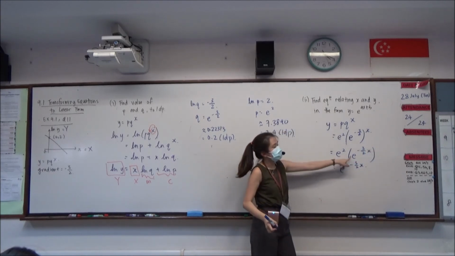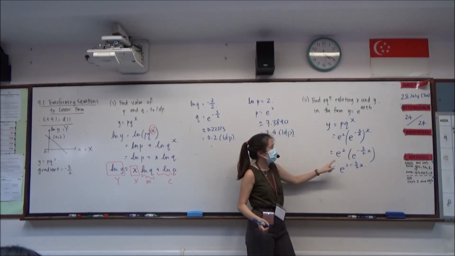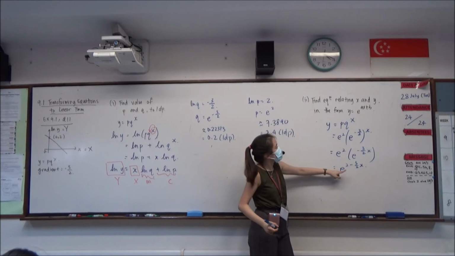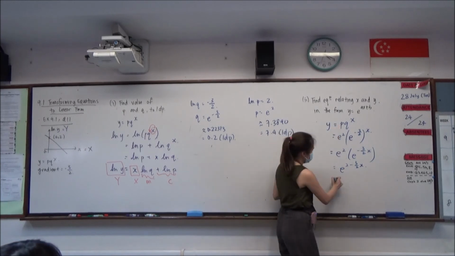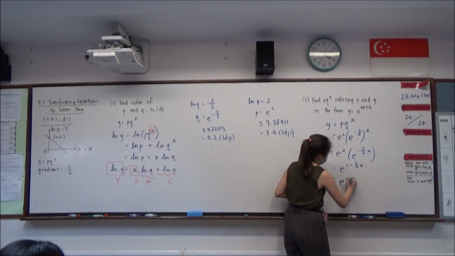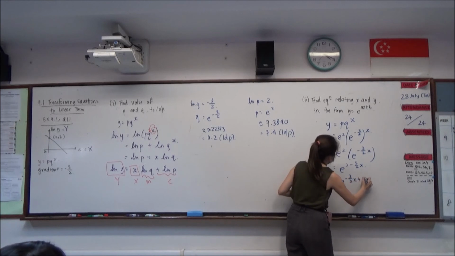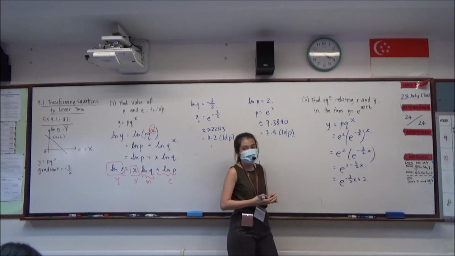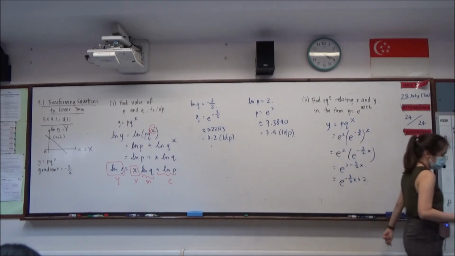Same base e, so the powers can combine. So we get 2 minus 3 over 2 x. If you want to strictly follow the form, it will be negative 3 over 2 x plus 2, in the power form.